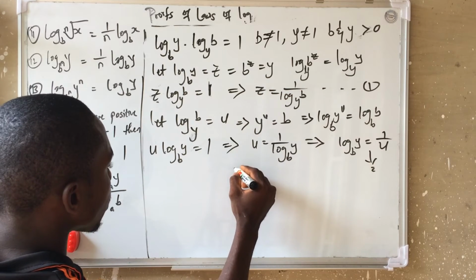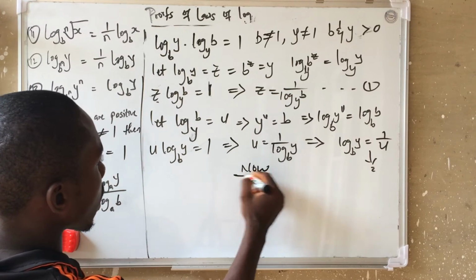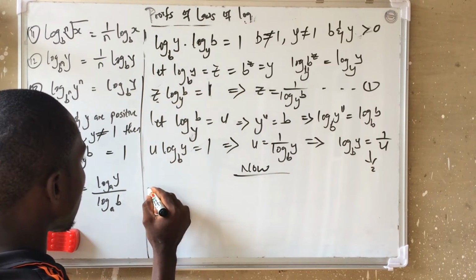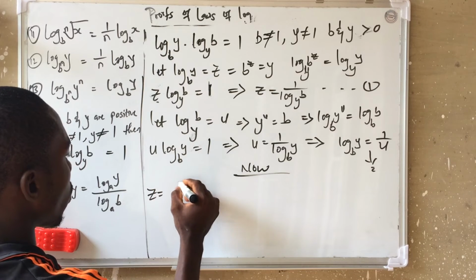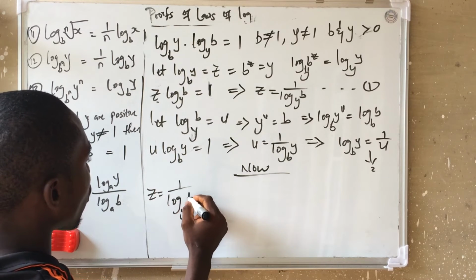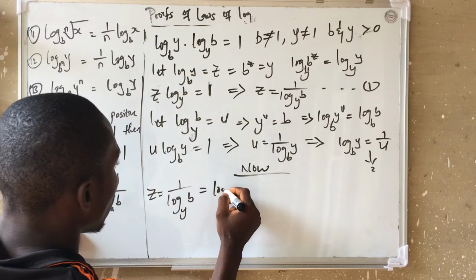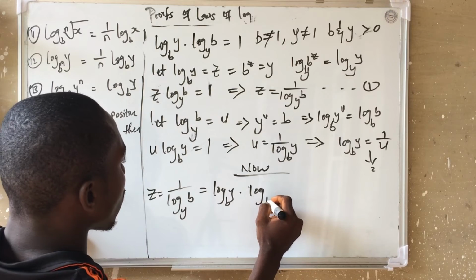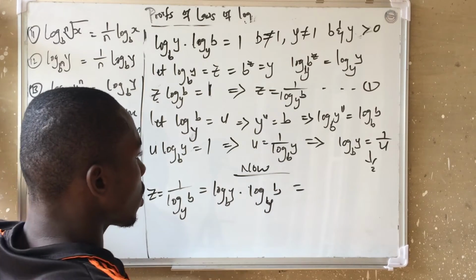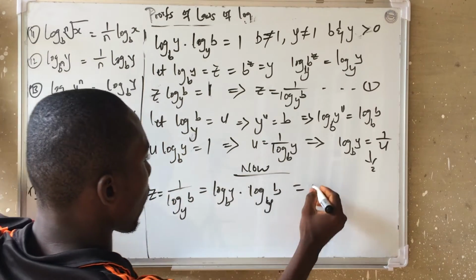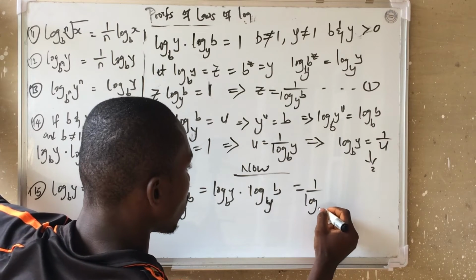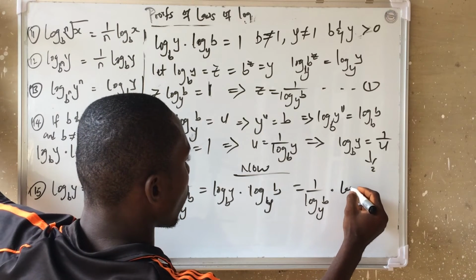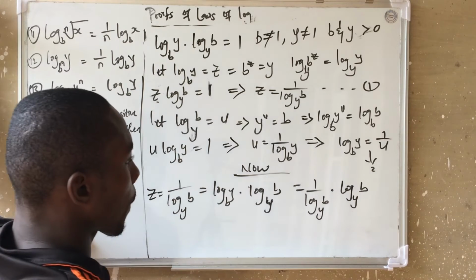So now, since log to the b of y is z, I'll say that z is equal to 1 over log to the y of b, which is equal to log to the b of y multiplied by log to the y of b.